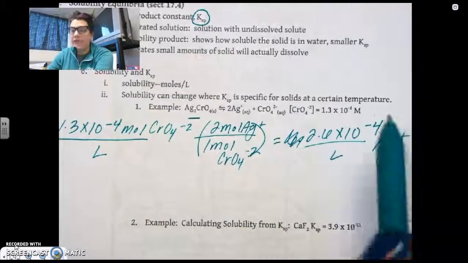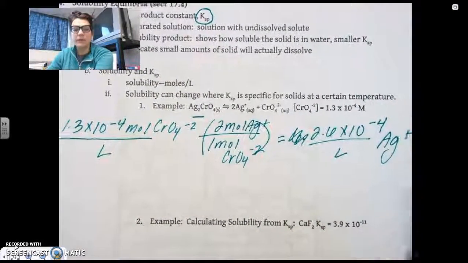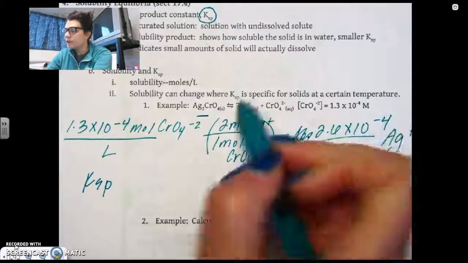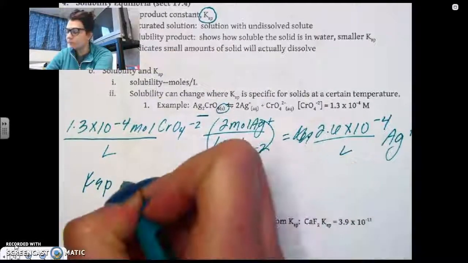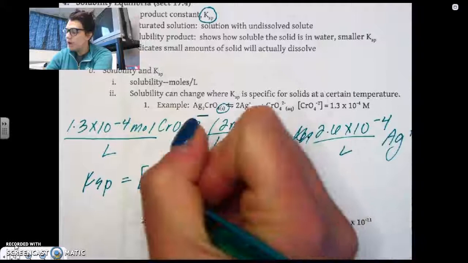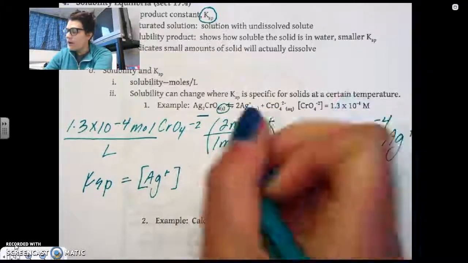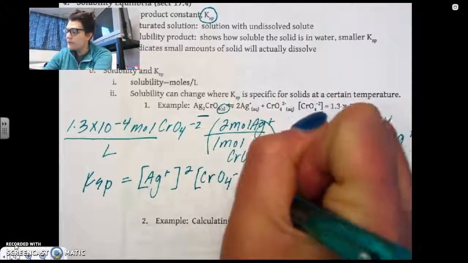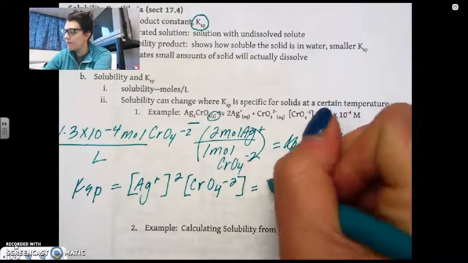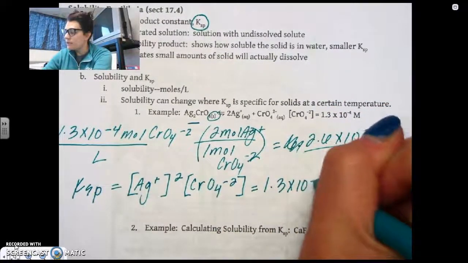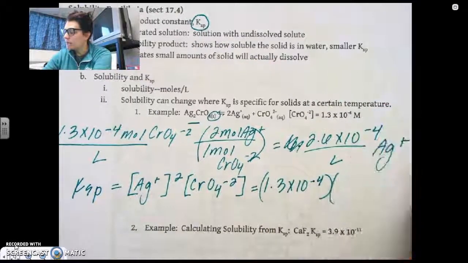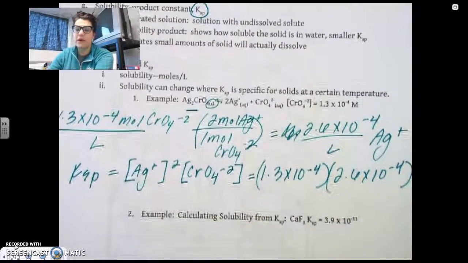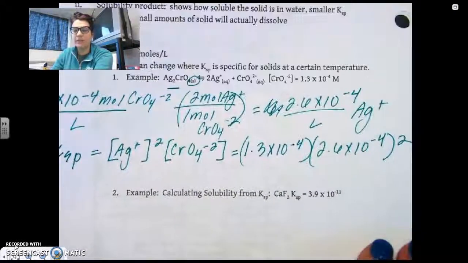Now that I have the concentration of each of these at equilibrium, I can solve for KSP. You have to remember, solids are not involved in the equilibrium expression, so all KSP equations are the concentrations of our products. I plug in my numbers: 1.3 times 10 to the negative 4th times the 2.6 times 10 to the negative 4th, squared, because I have a coefficient of 2 for my silver.